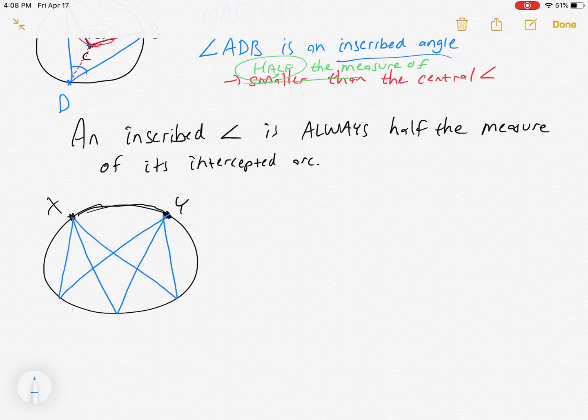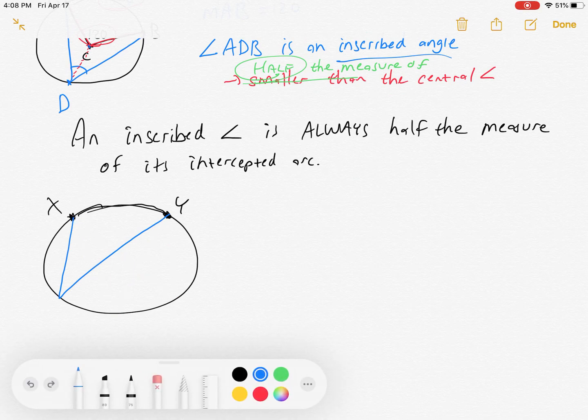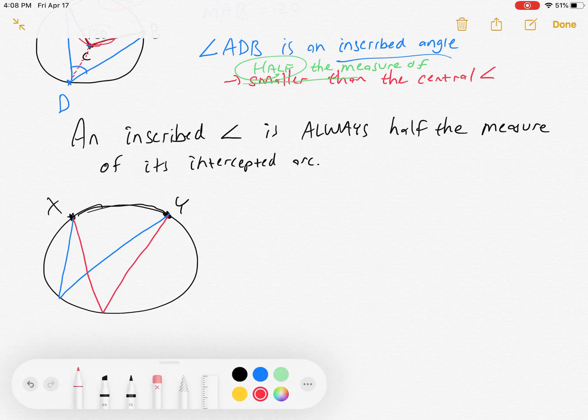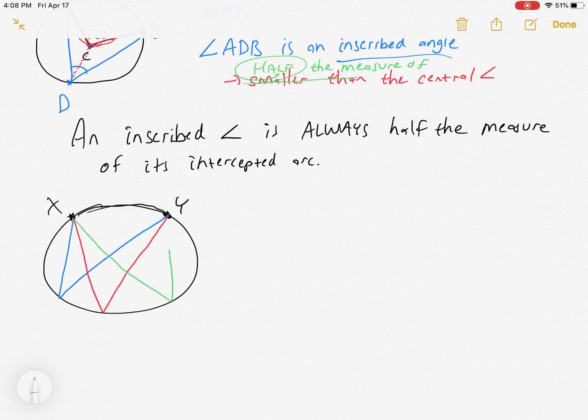And let's draw some inscribed angles. Draw one like that. They're all going to open to X, Y. I'm going to change these colors so we can see them a little better. Let's make a red one. We have our blue one, and we'll do a green one.